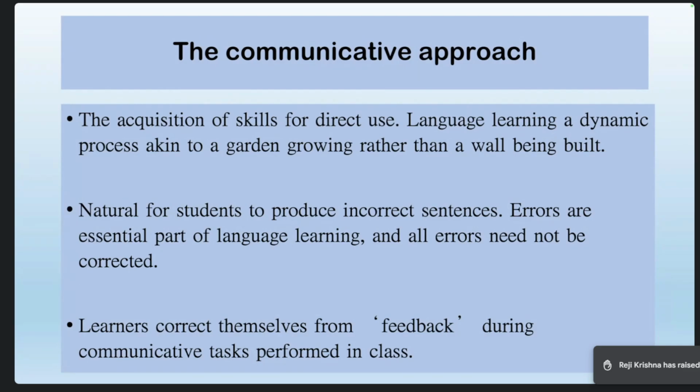So we don't wait till the student becomes very, very sure about his grammar. The very first day or very initial days of his or her class, we encourage the person to use the language in whatever way the person can. So communicative language teaching is not learning to communicate, it is learning to communicate through communication.